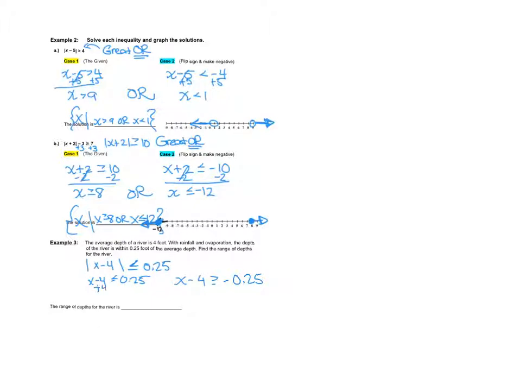I'm going to add 4 to both sides now. And I end up with x is less than or equal to 4.25, and x is greater than or equal to 3.75. So this was an and, so for every value of x, small number 3.75 is less than or equal to x is less than or equal to 4.25, the big number. And that's my solution set for example 3.